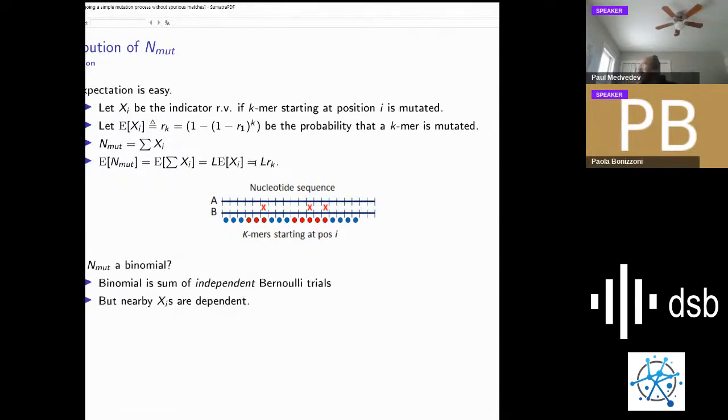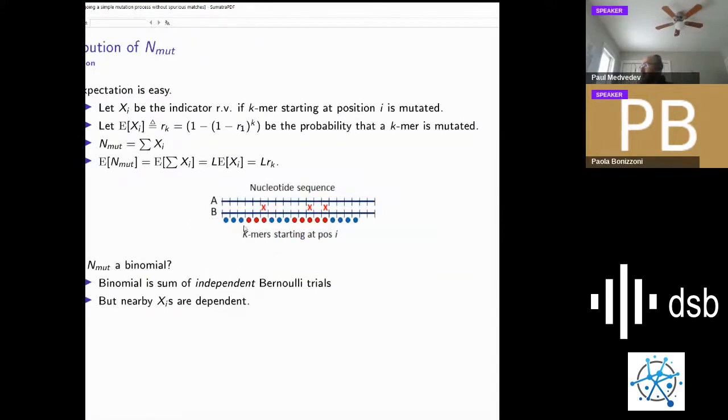Okay, and this is where every paper that I'm aware of kind of stops, and here we wanted to go further to understand the distribution. The first thought maybe you have is, is n-mute a binomial? A binomial is a sum of independent Bernoulli trials, and n-mute is indeed a sum of Bernoulli trials, but these trials are not independent.